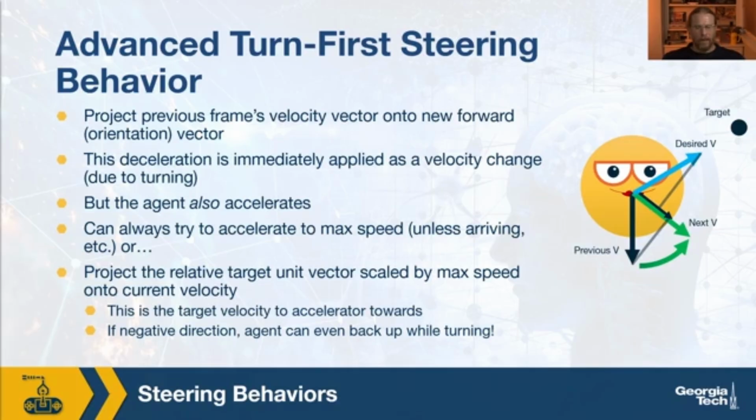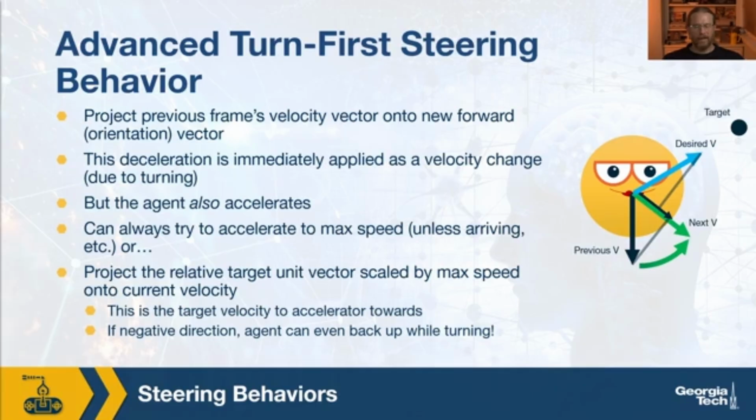So when an agent is moving in a particular direction and then begins to turn, according to this alignment towards a target, well, that new vector we can use in comparison to the previous frame. And the idea is we take the newly updated velocity, and we can project the previous frame velocity, or let me step back, the new direction for the velocity.